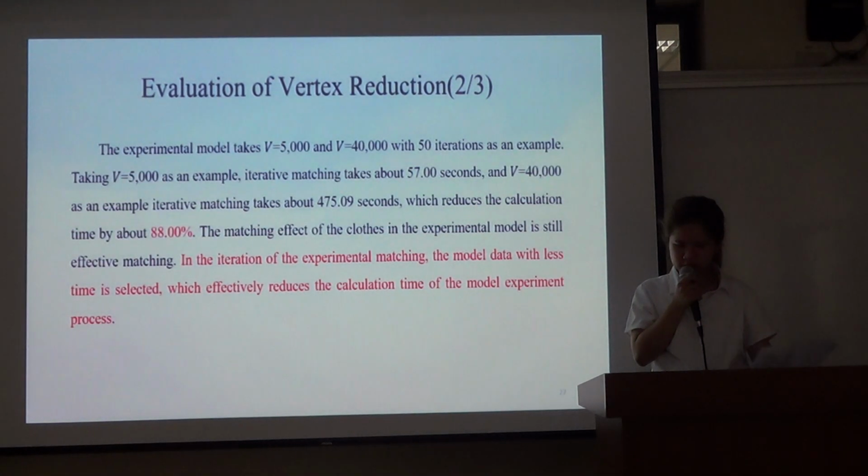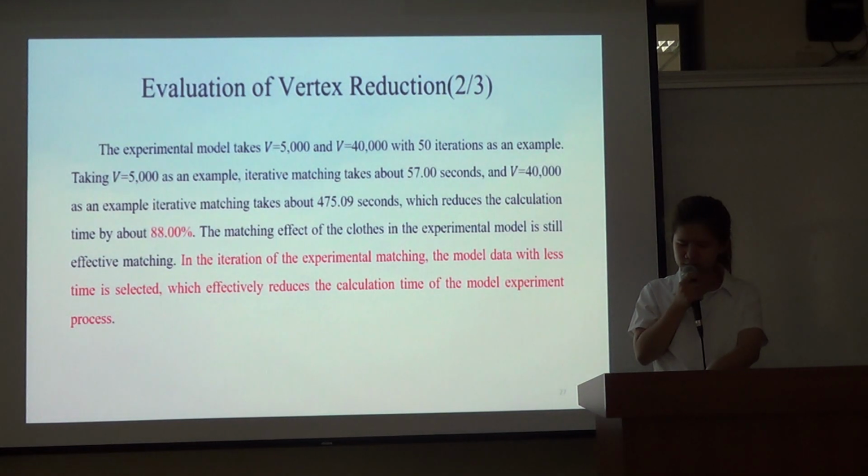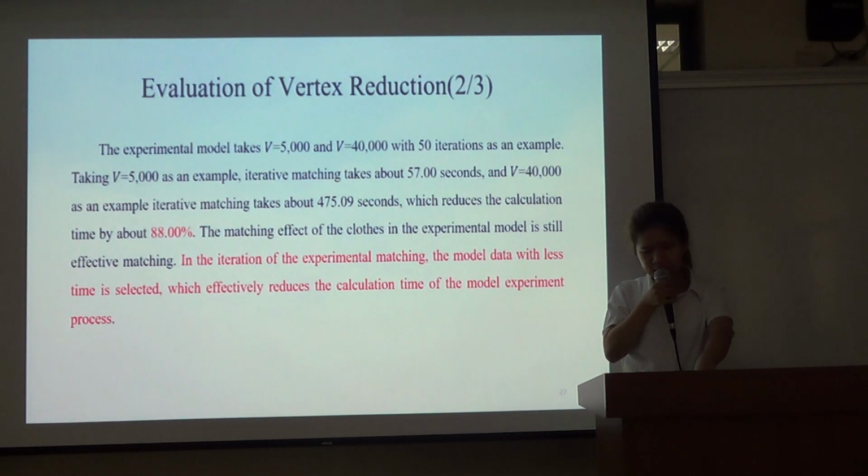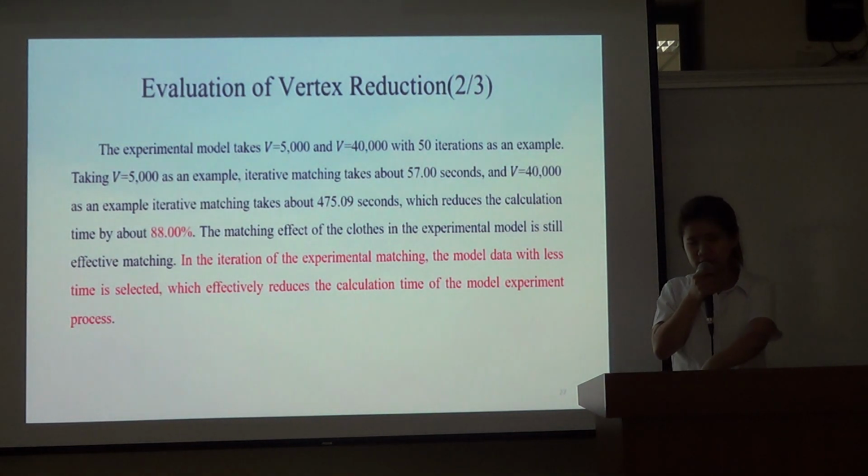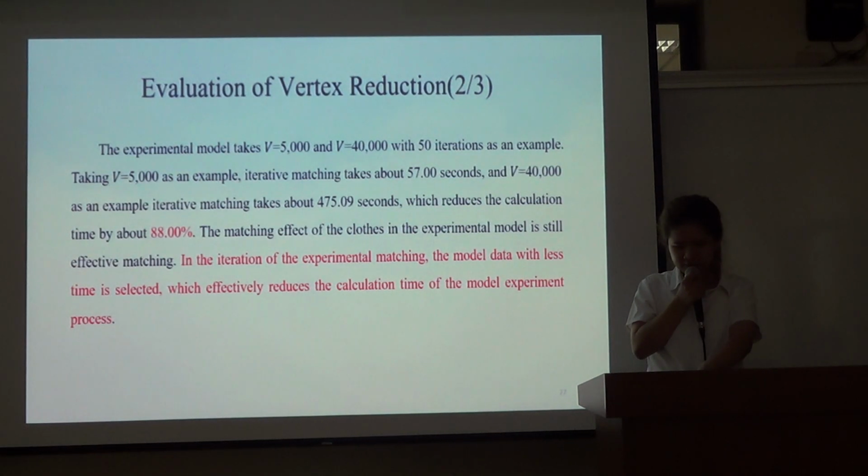The experimental model takes V equal to 5,000 and V equal to 14,000 with 15 iterations as an example.